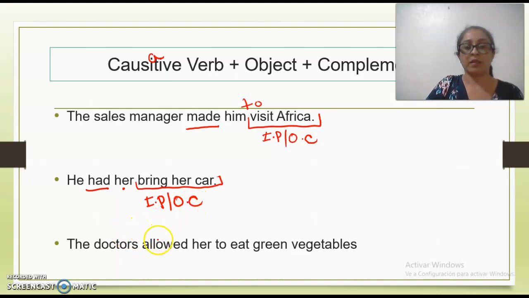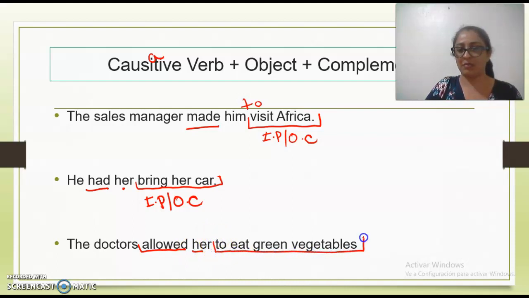Okay. The doctors allowed her to eat green vegetables. Look, allowed doesn't hide the particle. To eat green vegetables would be our infinitive phrase as object complement. Good.